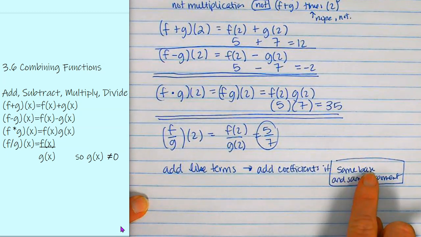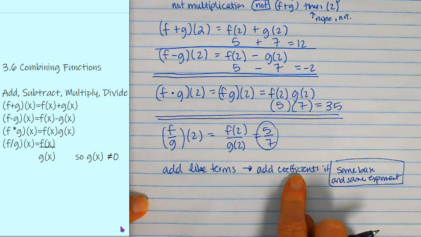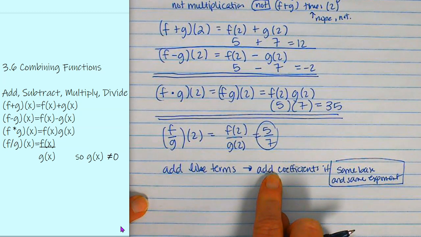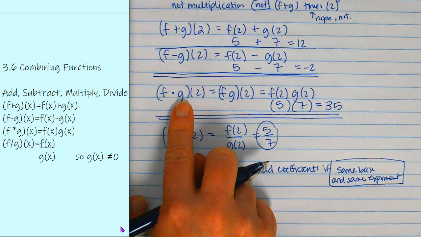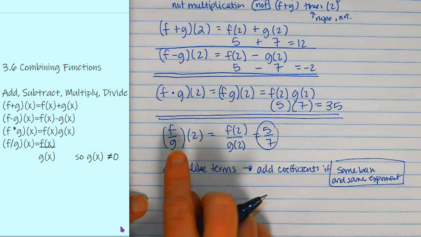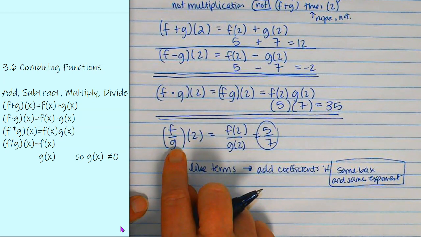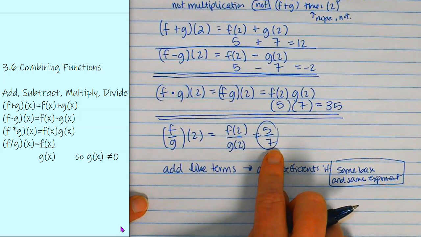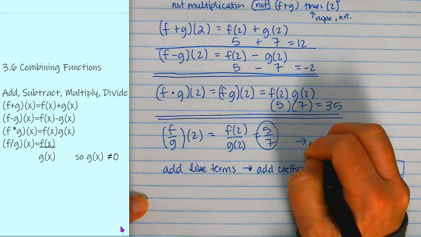So if we can say same base and same exponent, we can add or subtract the coefficients. So that's basically what we're doing as far as addition and subtraction. With multiplication, we'll use exponent rules. For division, we might have to simplify with division, always knowing that the denominator cannot be 0.